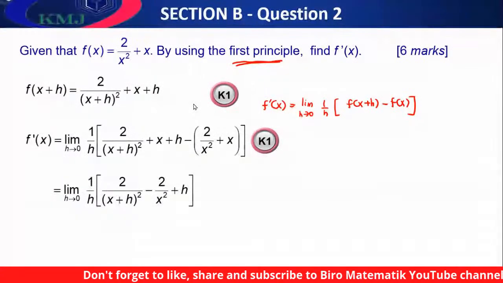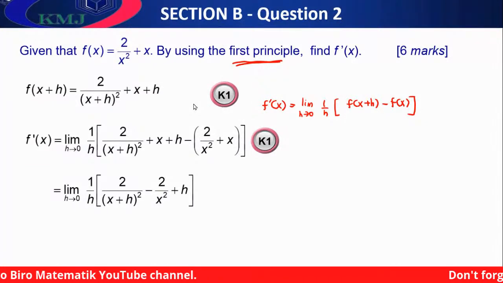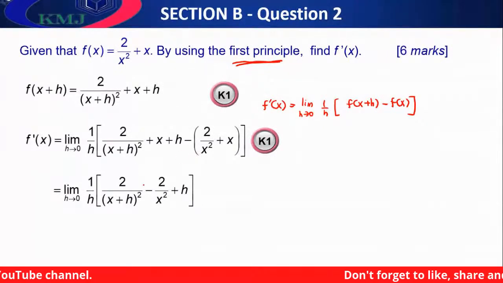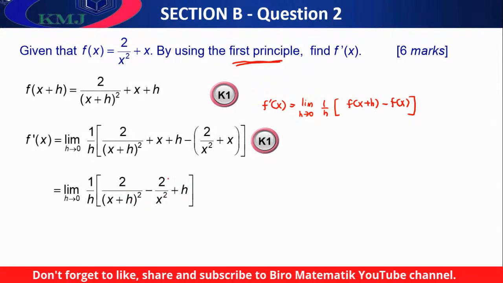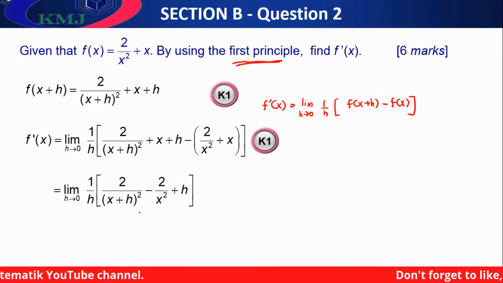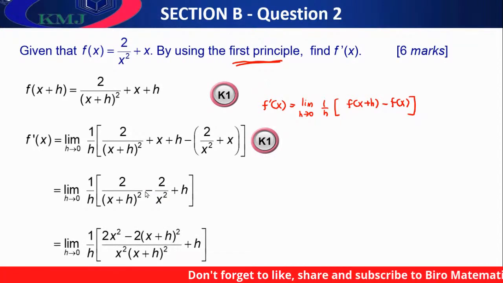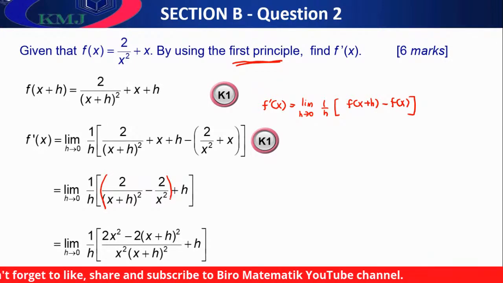You get 1 over h multiplied by 2 divided by (x plus h) squared plus h minus 2 over x squared plus h. Now, we need to simplify it again. How to simplify the function? Because if we substitute h with 0, we still get 0 over 0, right? So to simplify the function, we need to equalize the denominators for the first two terms.